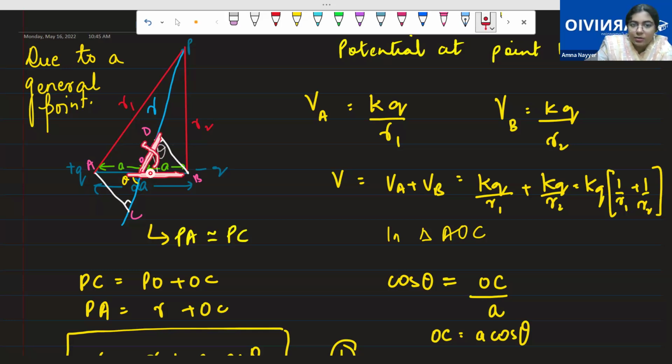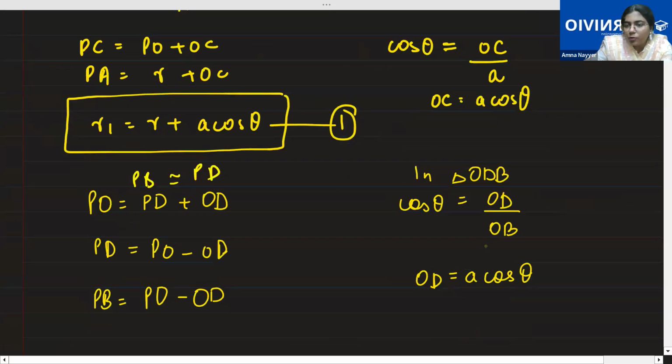Base is the adjacent one to the angle, right? So OD is the base. This is your theta. The perpendicular drop is already 90 degrees. So OD by OB. Again, OD is A cos theta, like the previous one.